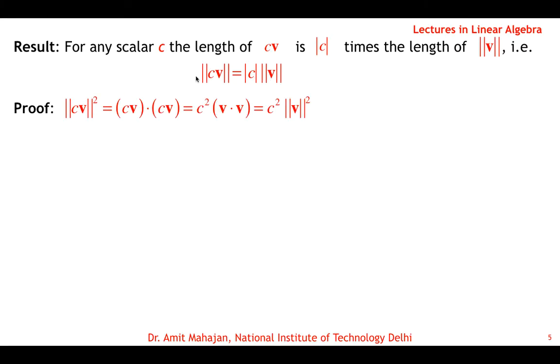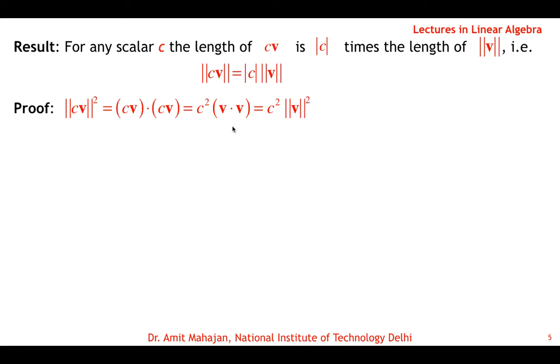If you calculate the left hand side squared, then the length of cv squared is, we know norm square is the vector multiplied with itself, so cv dot cv. By property the constant goes outside, so it becomes c square v dot v, and v dot v is the length of v squared.